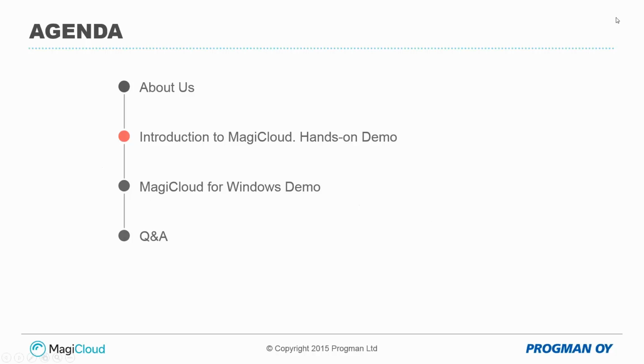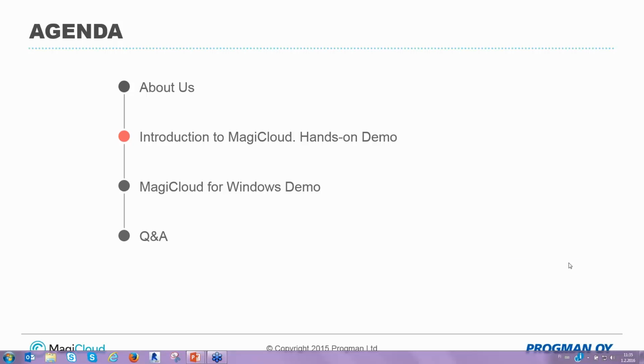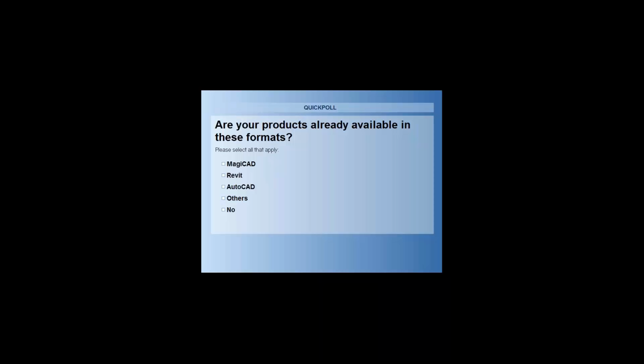Before we step into the MagiCloud introduction, I have just a few questions to you. I want to just have a touch on our audience, so I will launch a question. I'd like to know if you as a manufacturer are already sharing and making available your products in different formats.